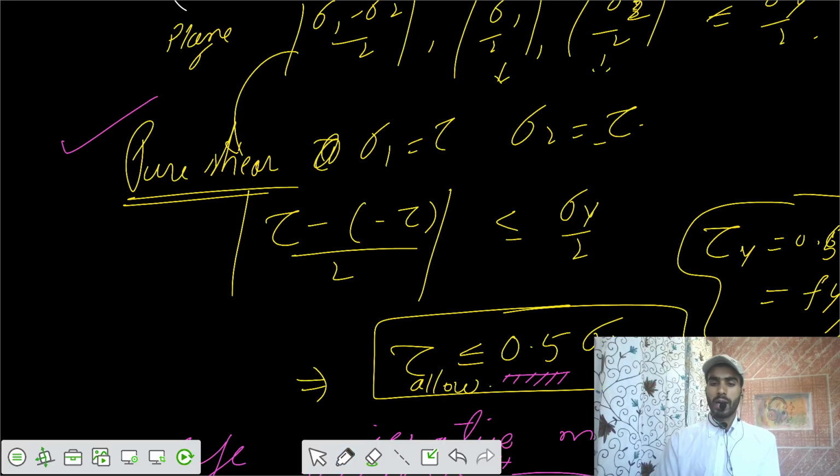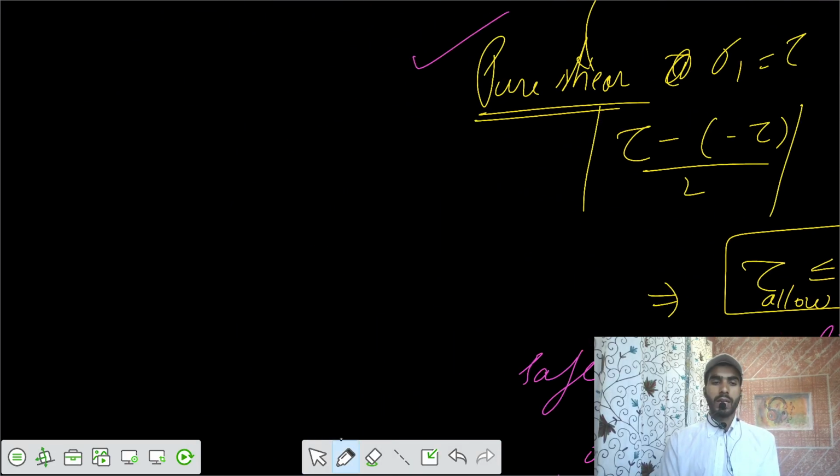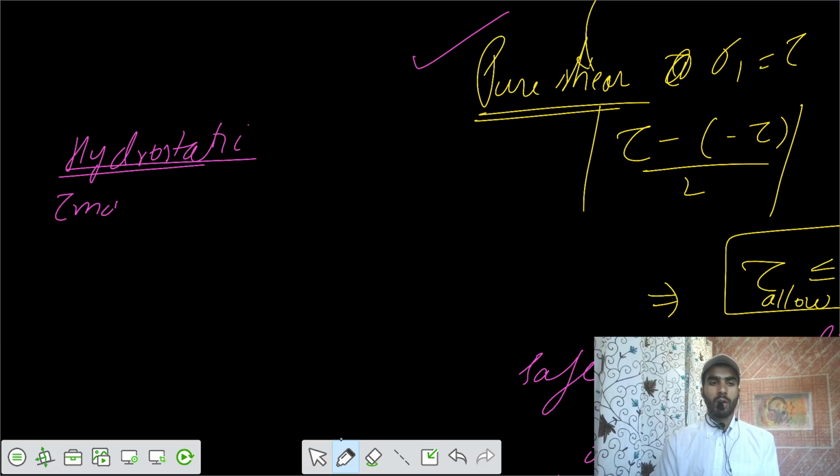So if we talk about hydrostatic loading, for that you can have sigma max, tau max absolute. So we write for the hydrostatic, you have sigma 1 equals sigma 2 equals sigma 3 equals sigma.